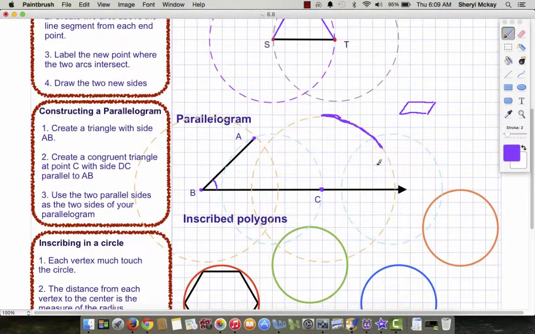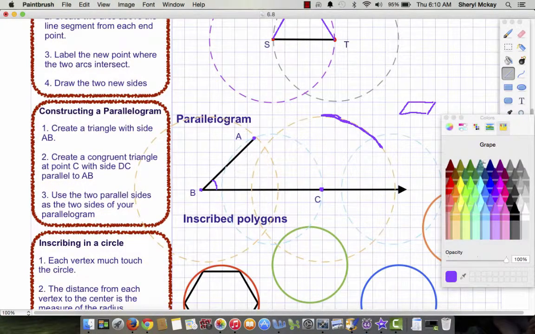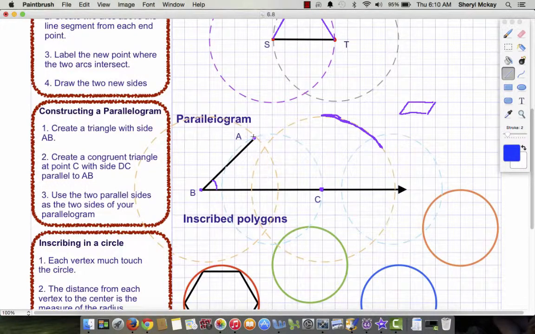So and then I have to figure out where it's going to cross. So what I'm going to do is I'm going to take my compass, and this time I'm going to make a triangle. I'm basically going to use my A. I'm going to put my compass point on A, and then I'm going to just come down to the ray BC here.